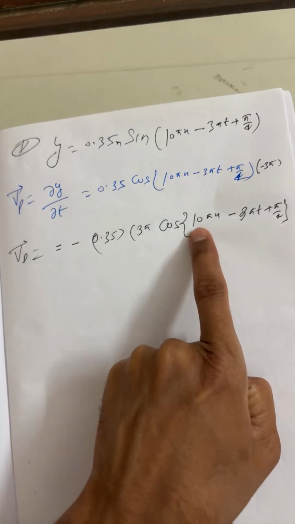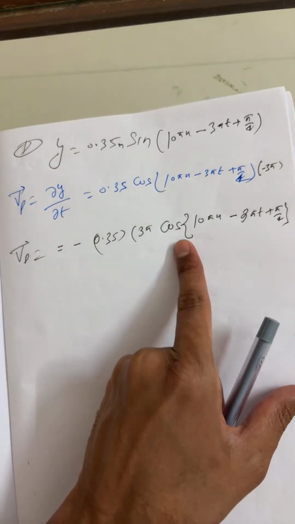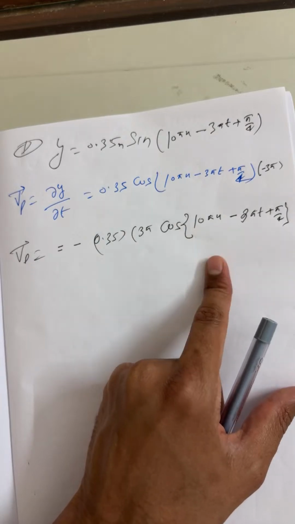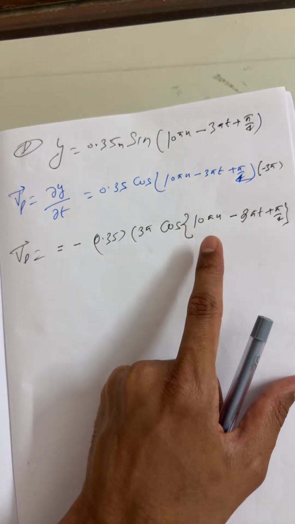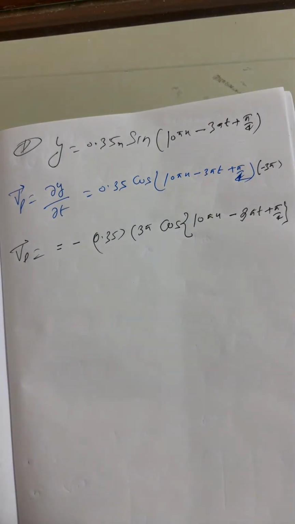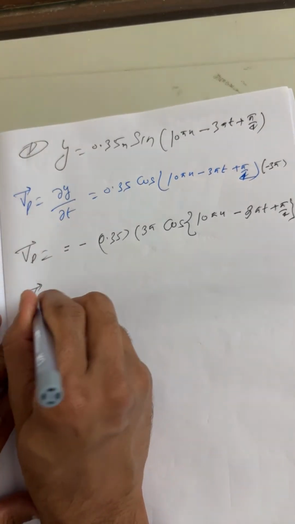The range of cos varies from plus 1 to minus 1. So this is the velocity of the particle here.